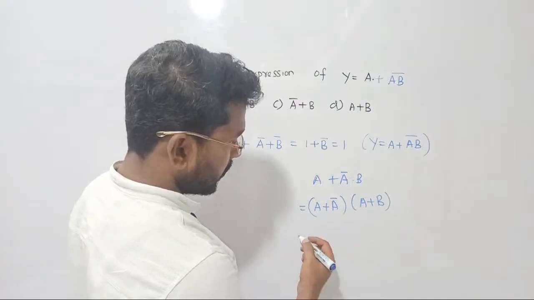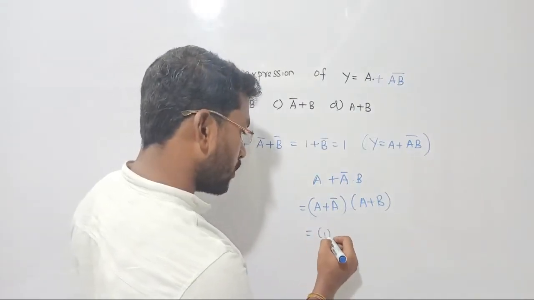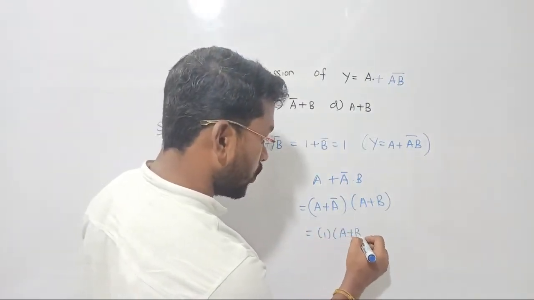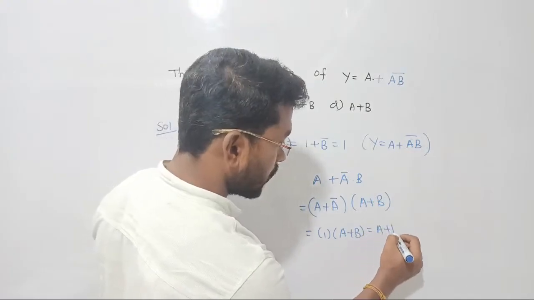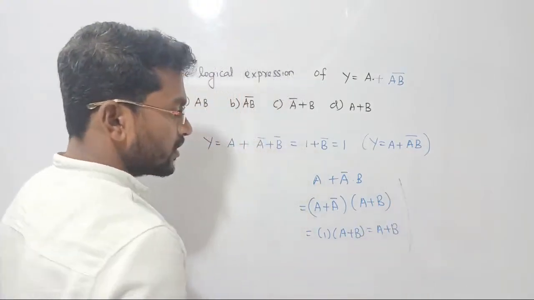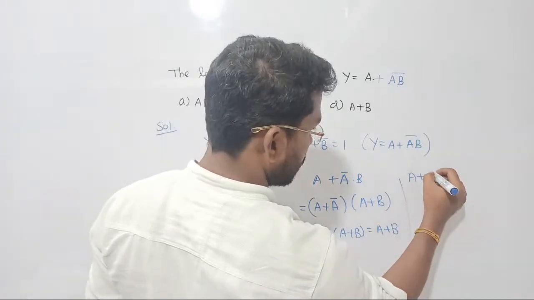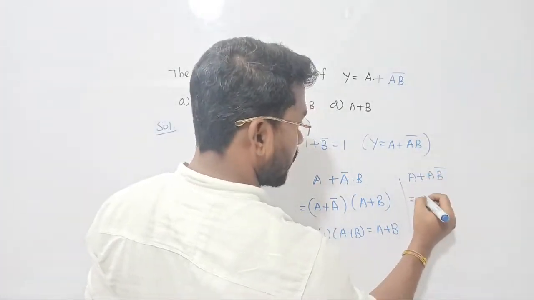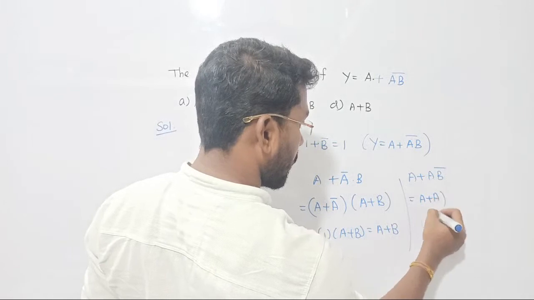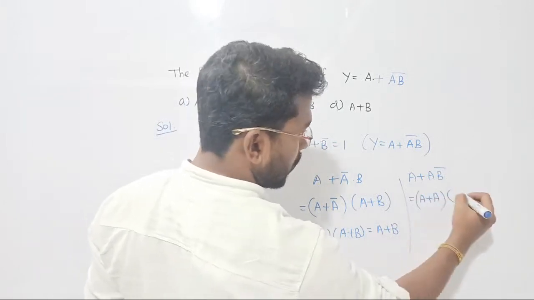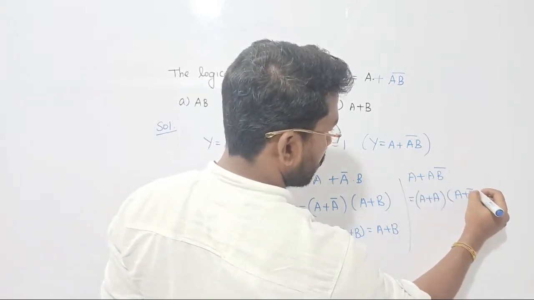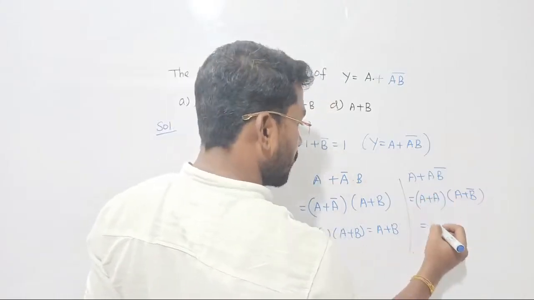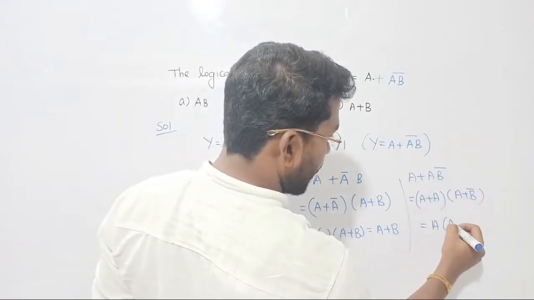And second thing, A plus A bar is equal to 1, no? So 1 into A plus B is equal to A plus B. That is one way. Suppose it is A plus A B bar, then it becomes A plus A into what? A plus B bar. So A plus A will become A only, A into A plus B bar.